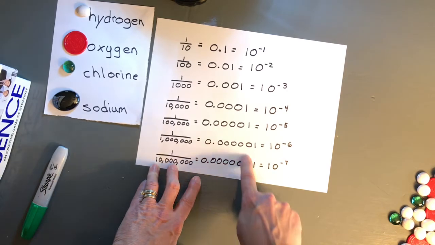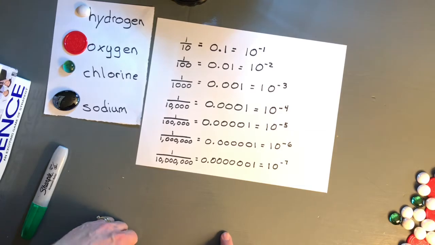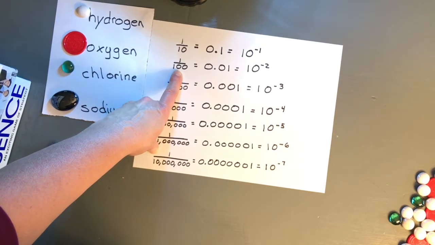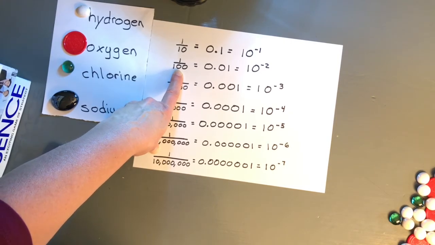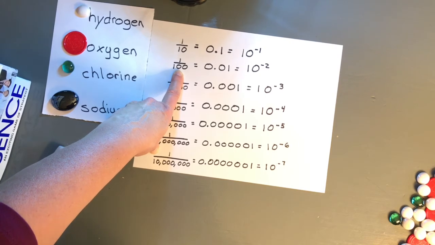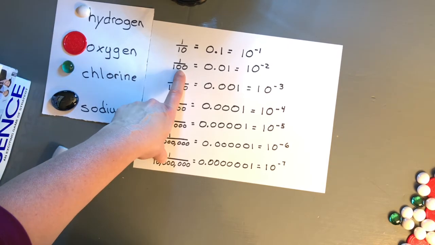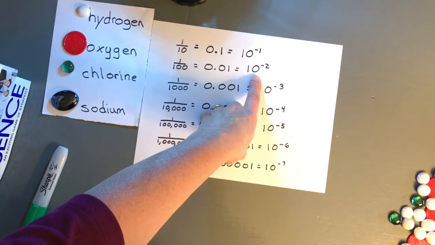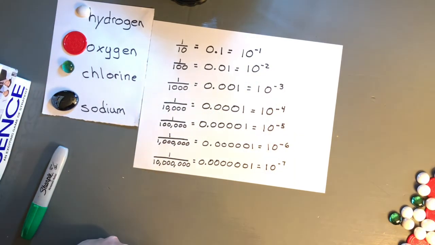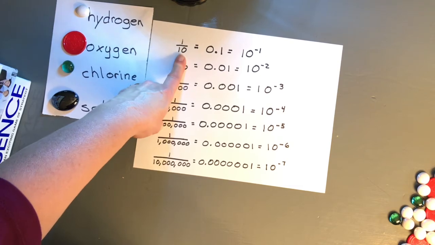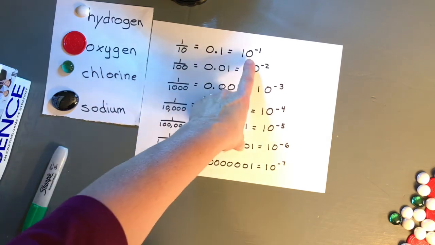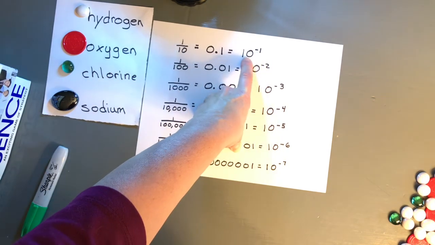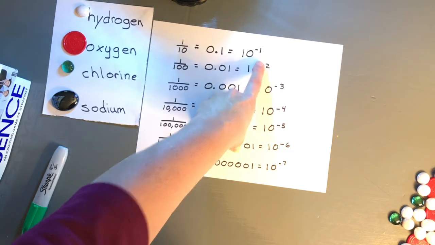If we had, say, 1/100th of a mole of hydrogen ions instead of 1/10,000,000th, 1/100th in a liter, then our concentration would be 10 to the negative 2. Our pH would be 2. If we had 1/10th of a mole of hydrogen ions, then we're going to have a concentration of 10 to the negative 1. We're going to have a pH of 1.